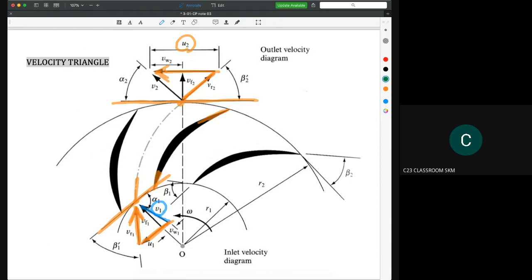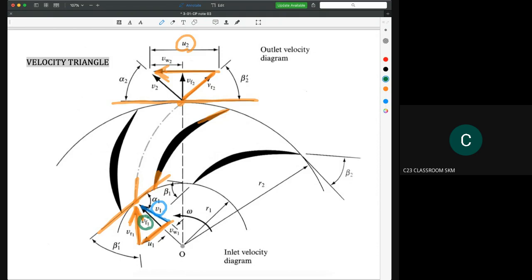So we cannot use trigonometry, we cannot use sine, cos, or tangent, because it doesn't have a 90-degree angle. We need to create another triangle so that we can use trigonometry to solve this problem.